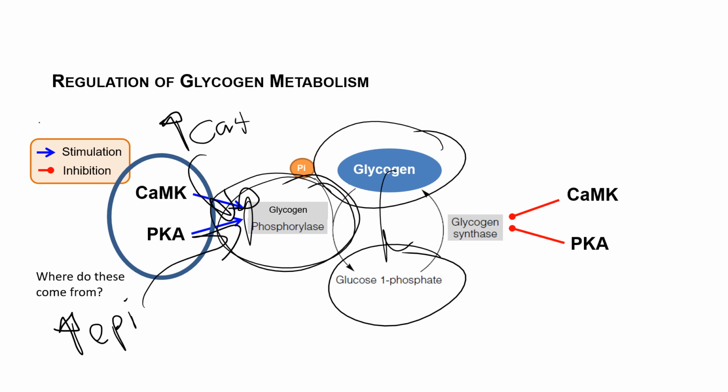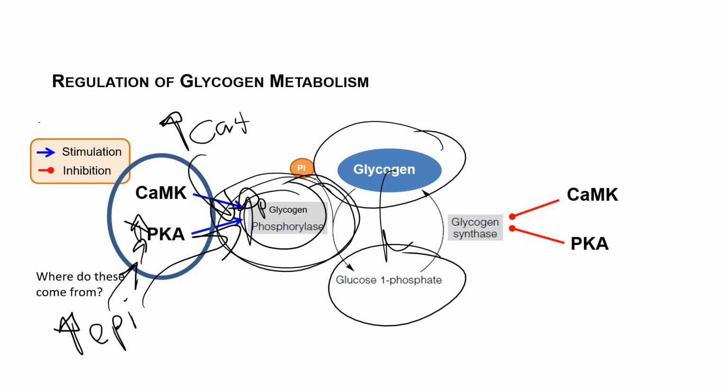And the answer, I hope you know now, is that epinephrine binds to adrenergic receptors on the skeletal muscle cells, and that adrenergic receptor is a cyclic AMP pathway, which increases the activity of protein kinase A, and you follow that downstream, and you realize that protein kinase A phosphorylates glycogen phosphorylase, which makes it active.